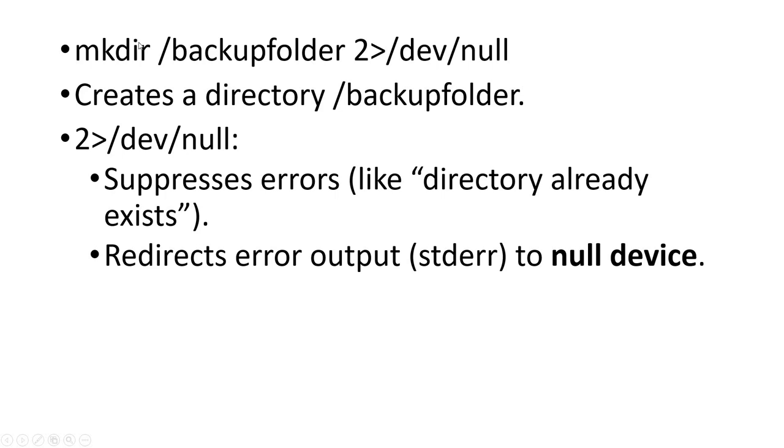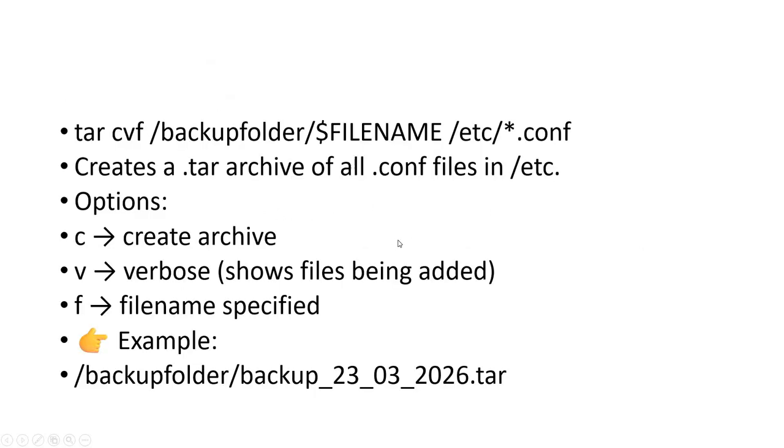Now I have given a command called make directory backup folder space 2. That means if you are again and again creating, it may give an error. That error is going into a black hole called a DEV null. Error should not be displayed to suppress errors. That is what it does.